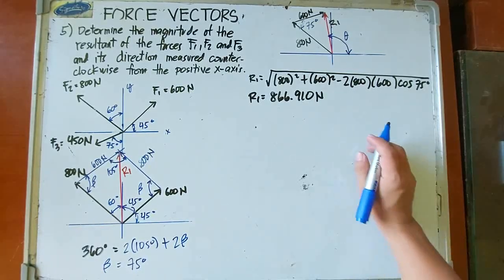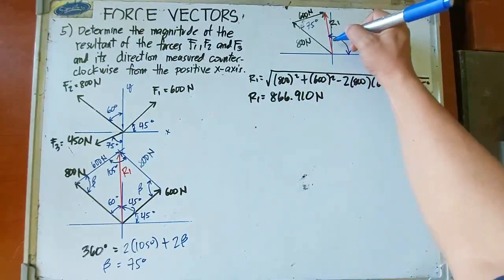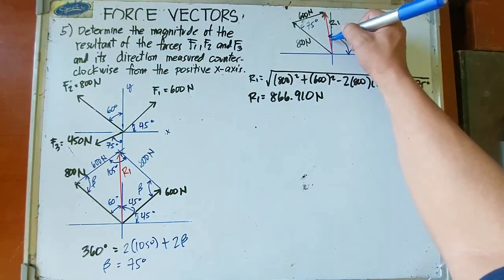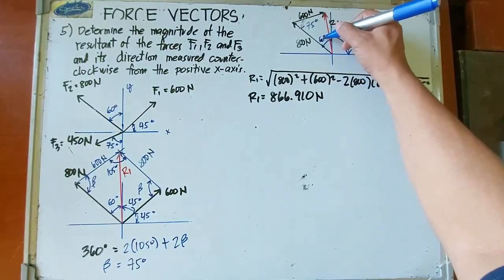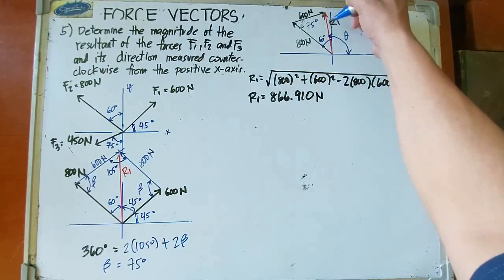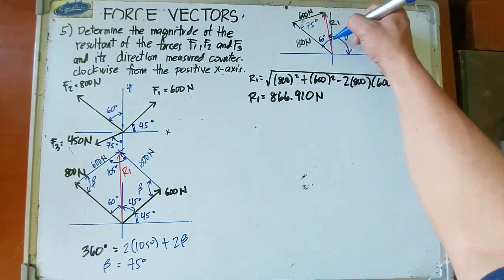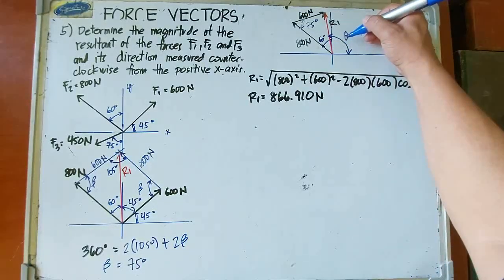Okay, so how do you solve for the angle theta? So given kanina, this is angle 60 degrees. We know that this is 60 degrees, from itong F2 from the positive y-axis. So solve for angle theta. How do you solve for angle theta?